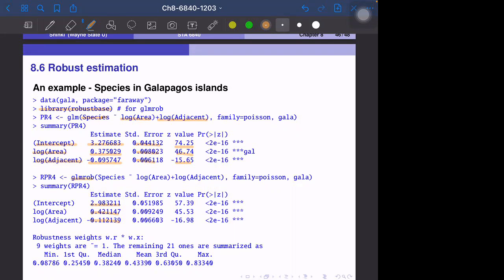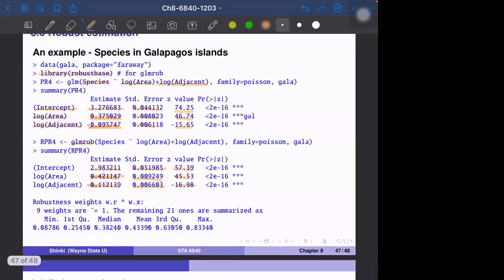Still, it's similar, but 0.37 becomes 0.42 and negative 0.10 becomes negative 0.11. Also the intercept 3.28 becomes 2.98. The standard deviations are still of similar size, and the z-values are also similar, but we have a slight difference because the estimation methods are different.